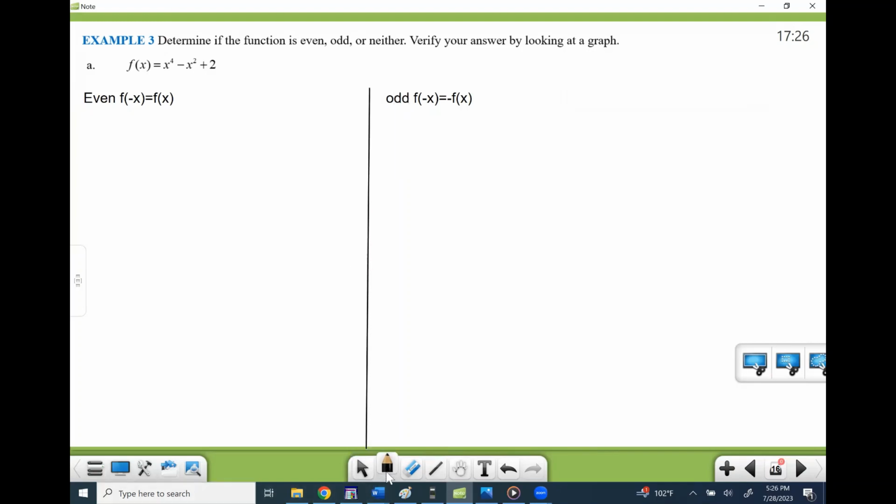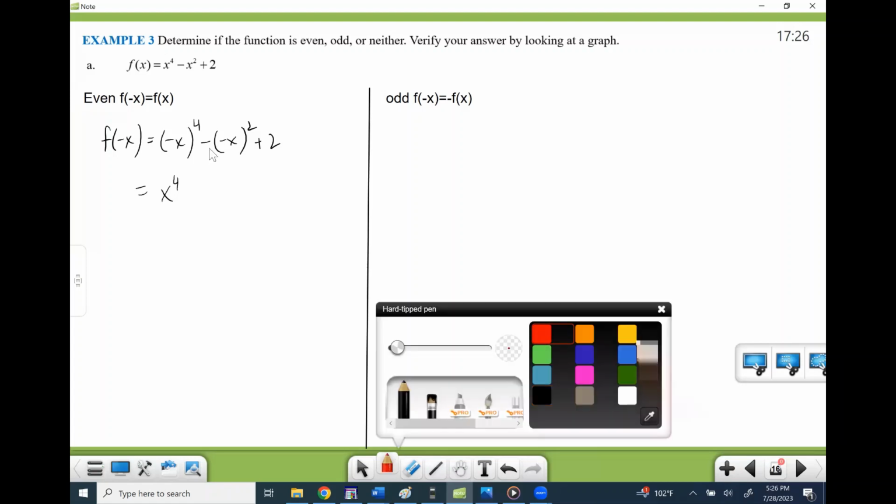Okay, so we're going to substitute in a negative x. All right, so a negative times a negative times a negative times a negative is going to be a positive. Anytime it's an even exponent, it'll be positive, x to the 4th.